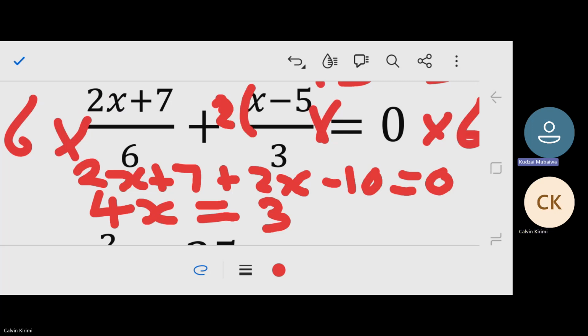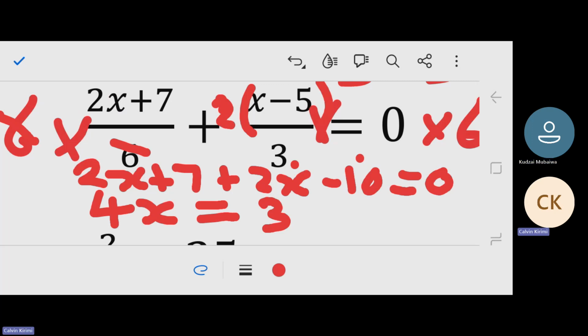Yes, sir. So 2 times x, 2x. 2 times negative 5, negative 10. So where did you miss it? Oh, sir, I multiplied the 6 by everything. Yes, the 6 multiplied by everything, you are right.